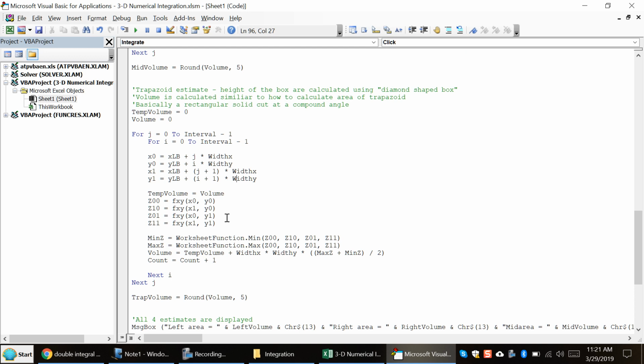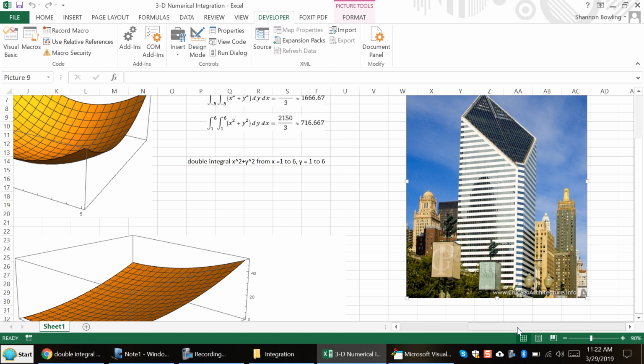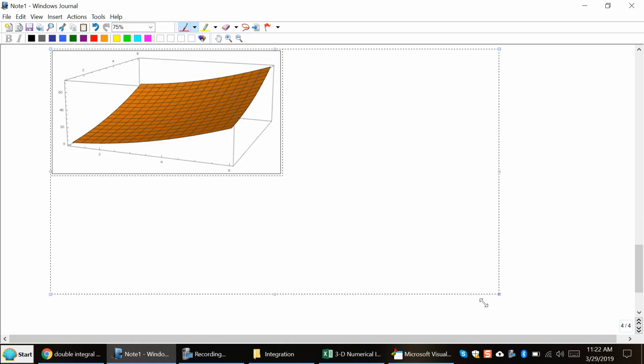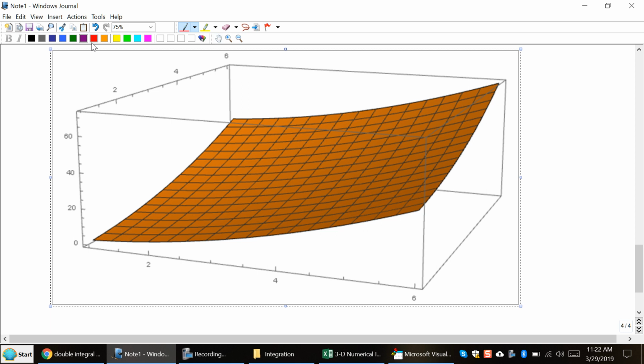And then I just let temp volume equal volume, which is kind of my placeholder. Then I calculate the height of those 4 points. Okay? So all I'm doing is, if I grab, say, one of these right here, all right, all I'm doing is, let me just pick, say, a rectangle.